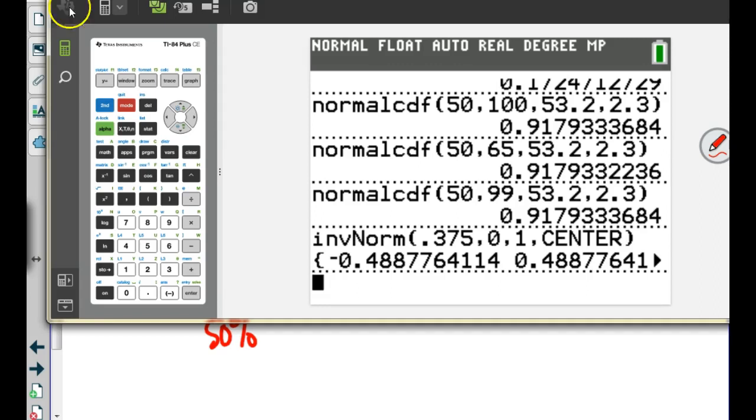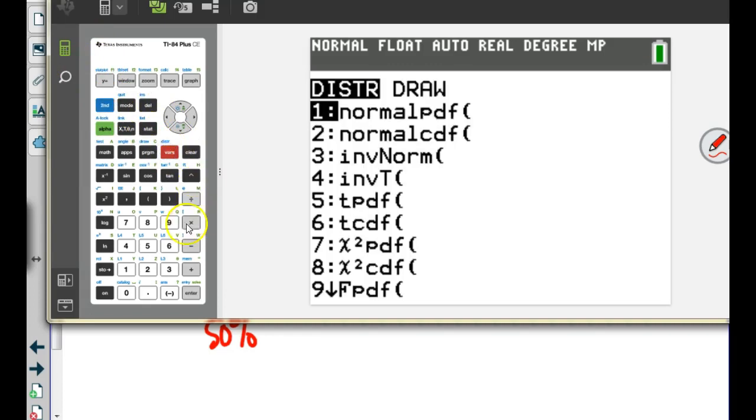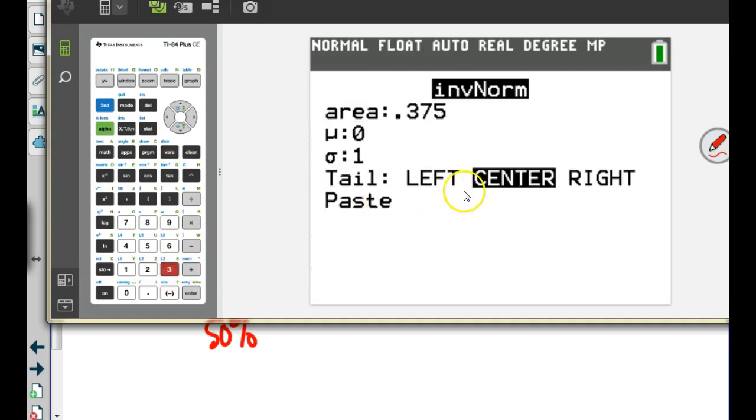Mine's not on this one. I got a question. Did you get this left, right, center? Oh, do I just leave it at center? Okay, so we should just leave it at left? Okay, thank you.